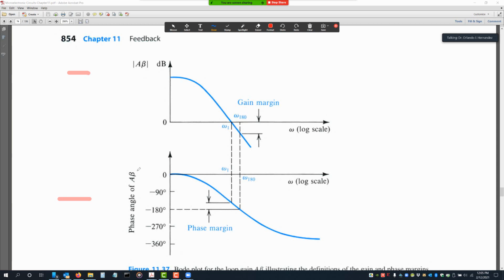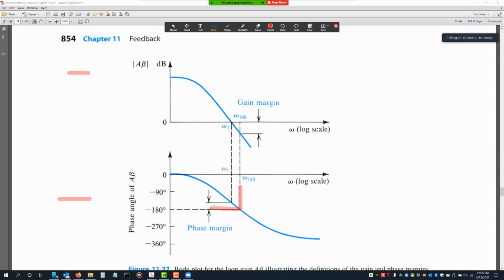If you look at the frequency response of that network and you graph the gain and the phase, here you can see omega 180. That is the frequency at which the phase is 180.